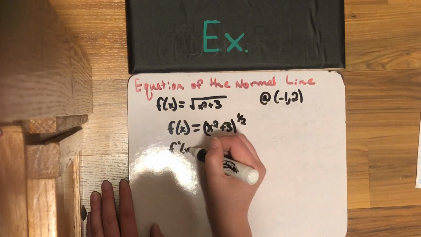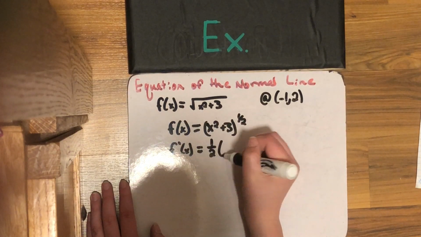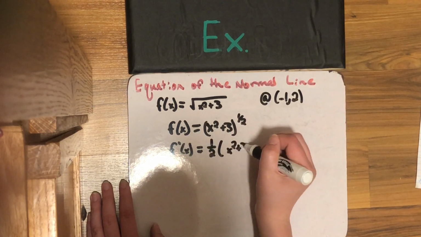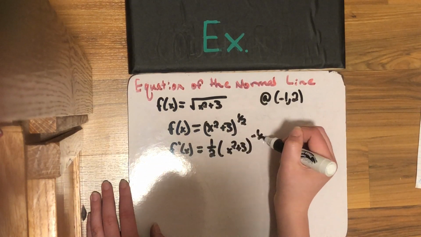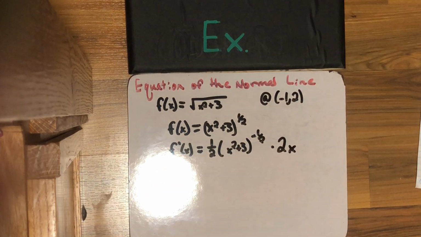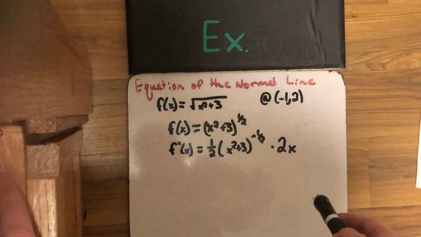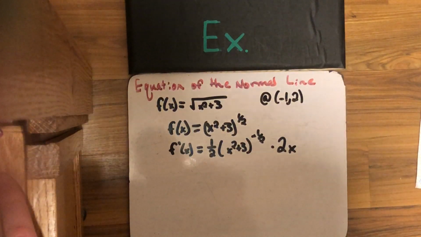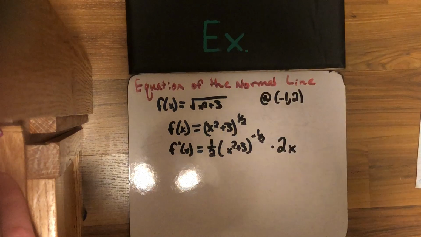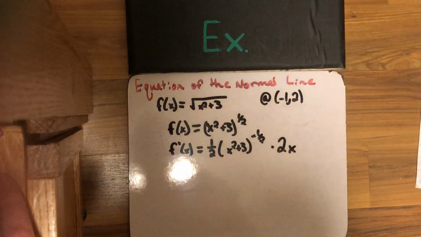F prime of x equals 1/2 x squared plus 3 to the negative 1/2 times 2x. Now, this step here, we used one of the 3 rules we already learned. Here we use chain rule because it is a function within a function.